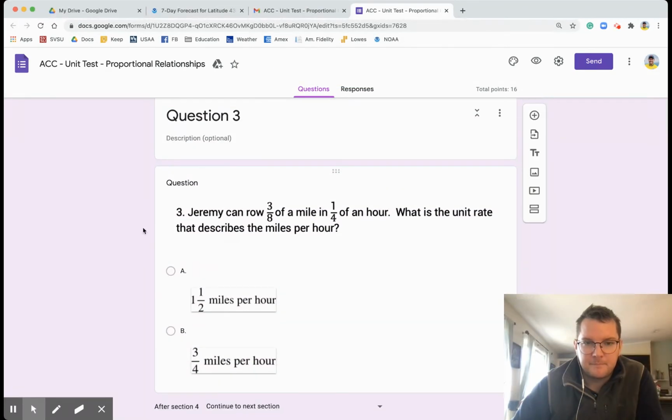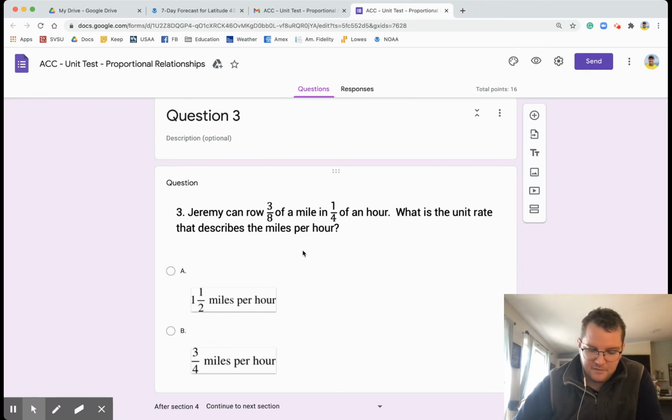All right. Number 3. Jeremy can row 3/8 of a mile in 1/4 of an hour. What is the unit rate described in miles per hour? So guys, we need to take 3/8 because that's what he rows in a mile, and this is 1/4 of an hour.